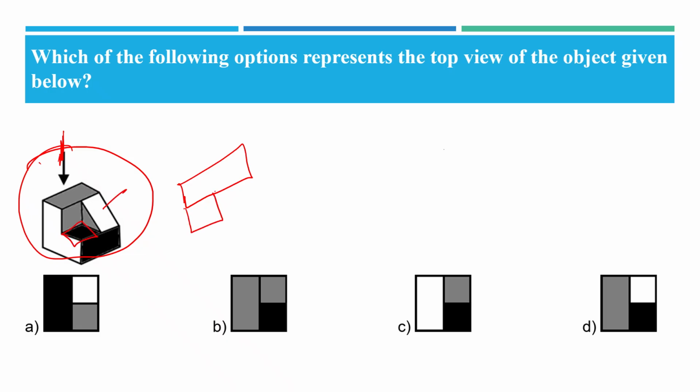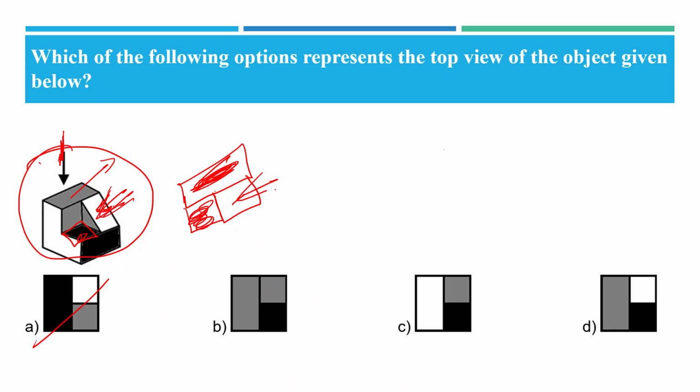Obviously the other rectangle will also look like a square itself. So we have a rectangle and two squares. One rectangle is shaded gray, the other square is black. Obviously, the third shape will be white in color.